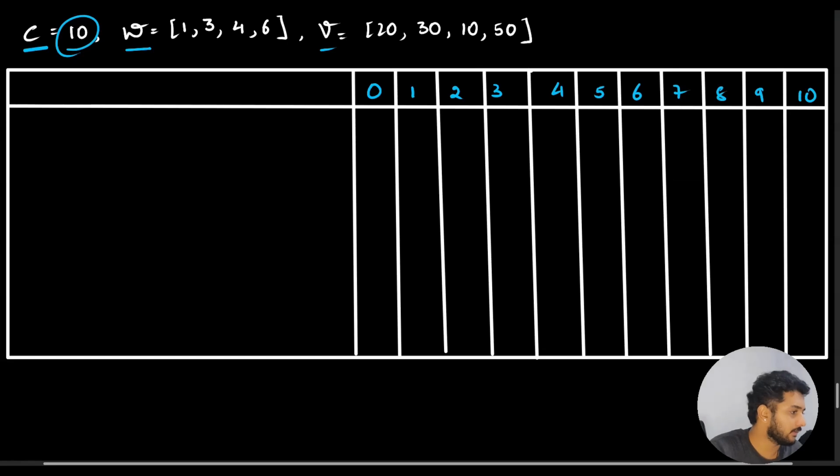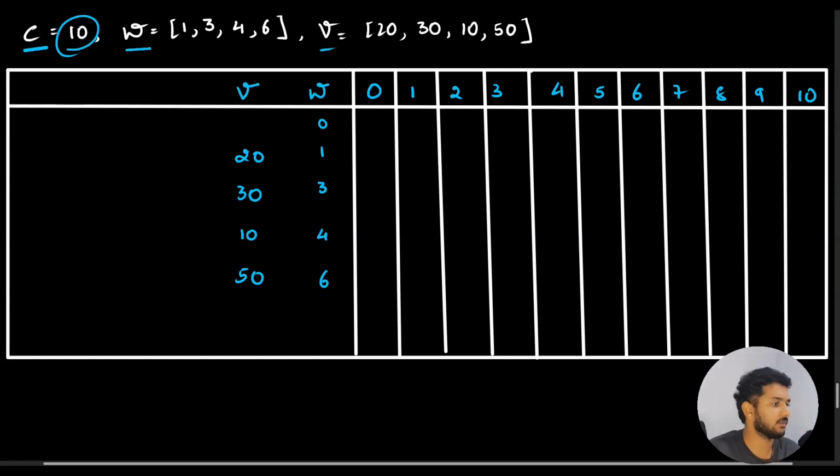Then the weights are 1, 3, 4 and 6, and the values associated with the weights are 20, 30, 10, 50. These are the weights and these are the values.